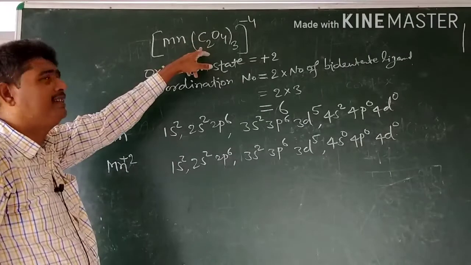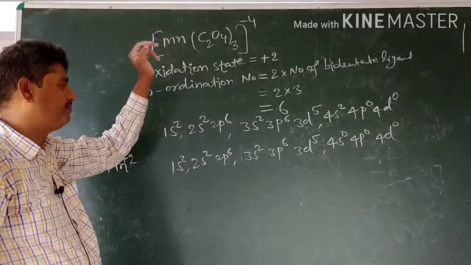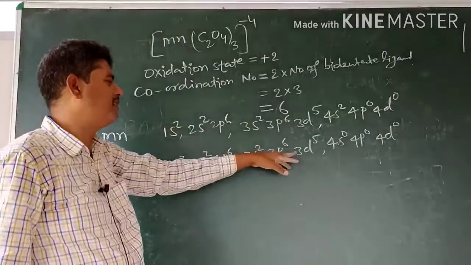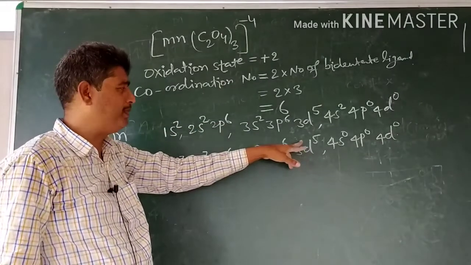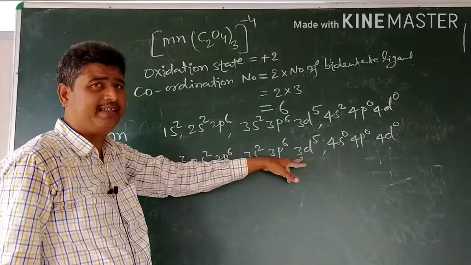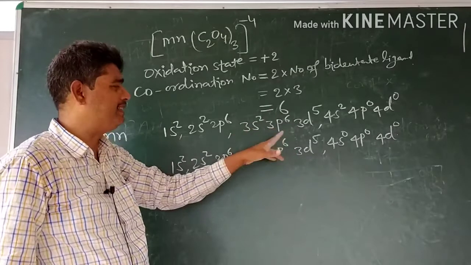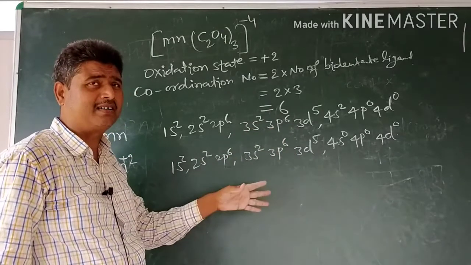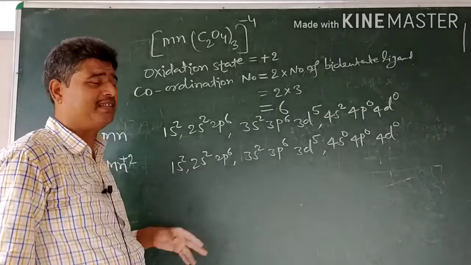Since oxalate is a strong ligand and the d orbital is not complete, if the d orbital is incomplete and the ligand is strong, pairing must occur in the inner d orbital.